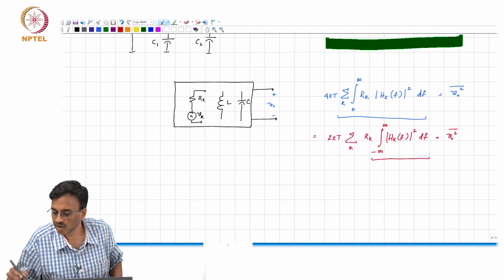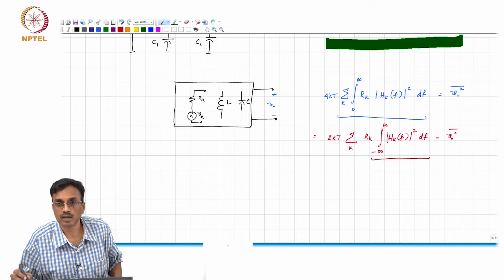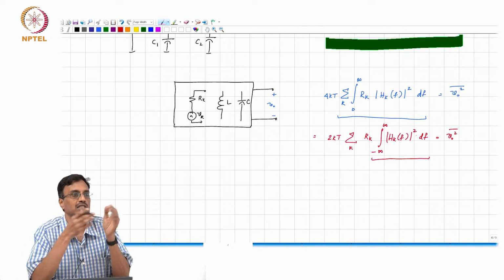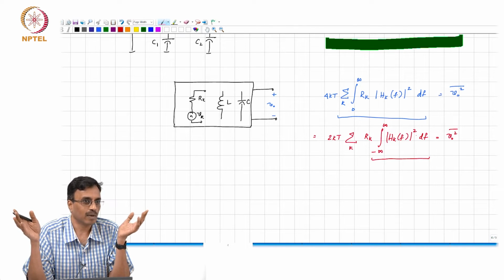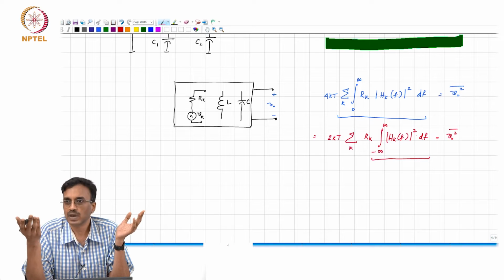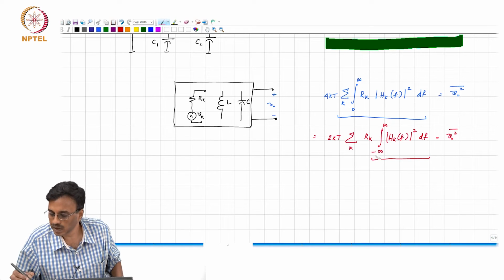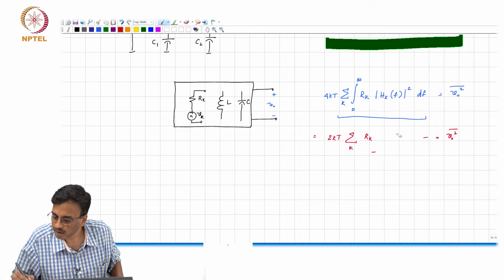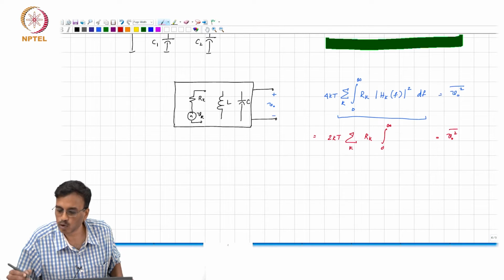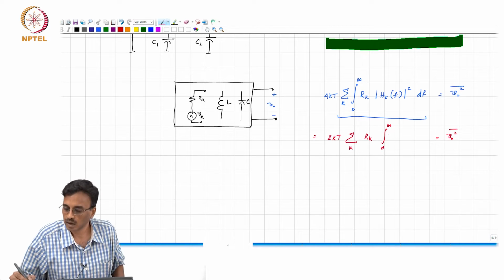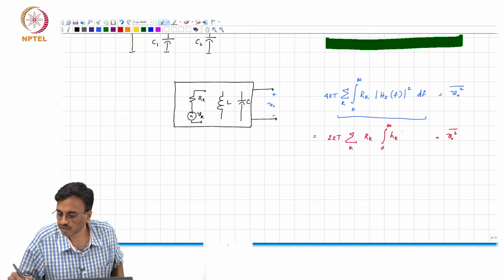What is that saying? The mean square integral in the frequency domain is the same as the mean square in the time domain. So, this is simply equivalent to the integral from 0 to infinity, since we know that the impulse response corresponding to hk of f is going to be causal.